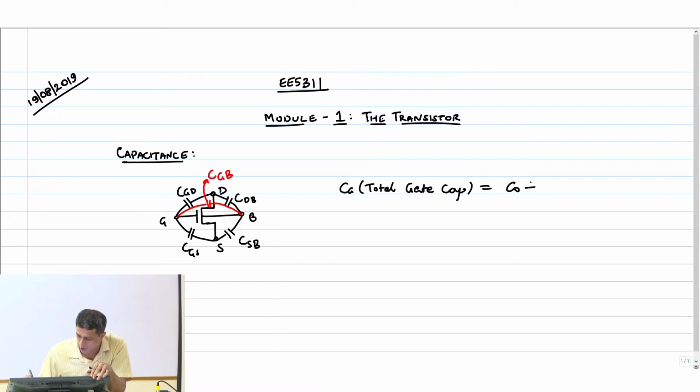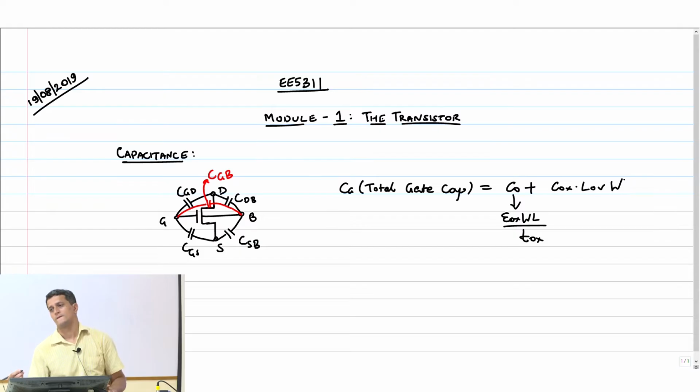Just C naught, which was epsilon ox WL by T ox, plus what is it? C ox into L overlap into W, 2 times. Perfect. Okay.